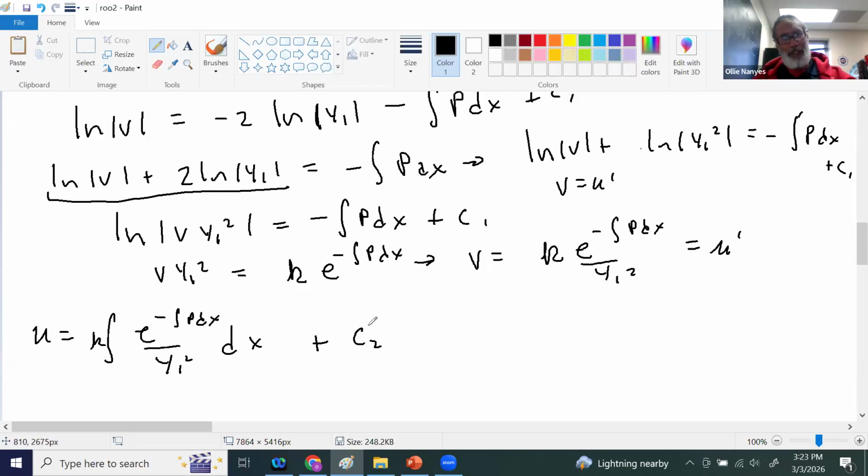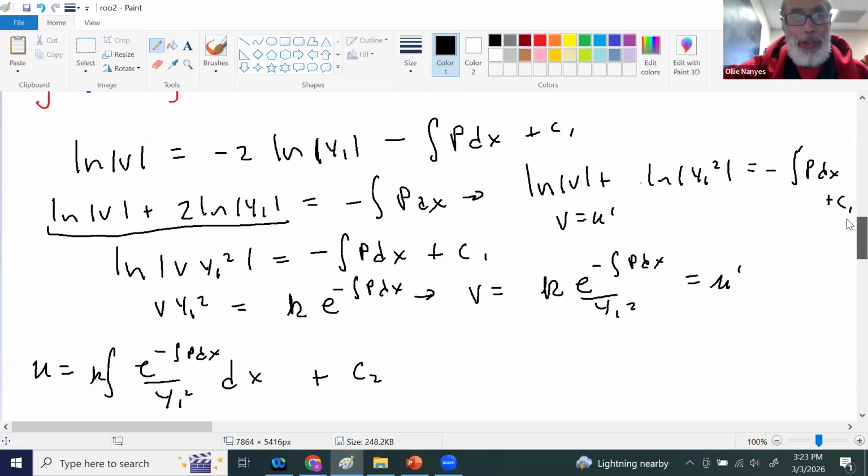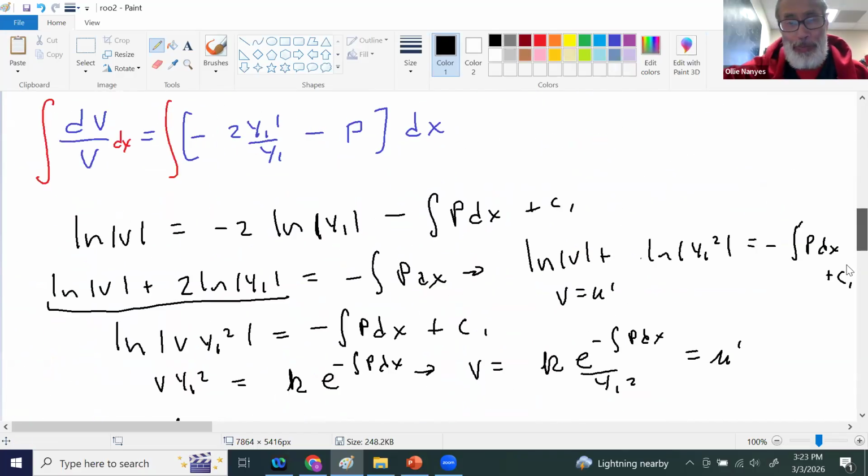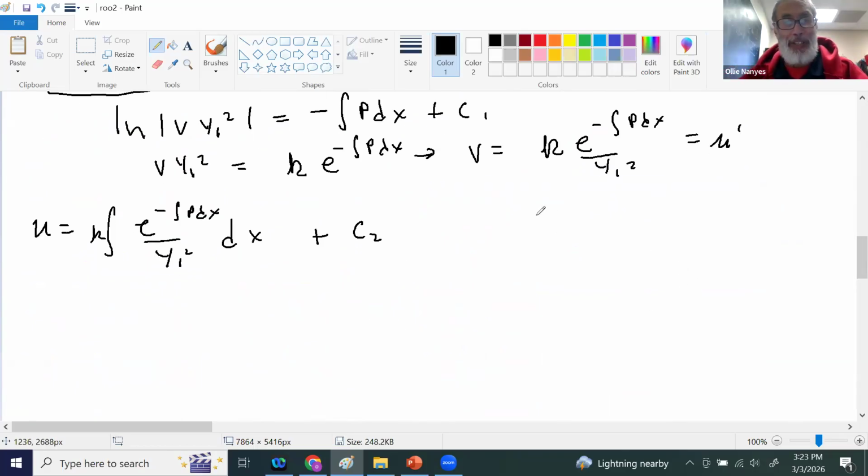Now notice this C2 is, first of all, this k, it's not going to really matter because we just needed a u that has the right derivative properties. And second of all, this C2 here, if we really use that for our u way up here, we would be getting an extra constant multiple of y1, which doesn't really add to our solution. So it's actually safe to set your k equal to 1 and C2 equal to 0.